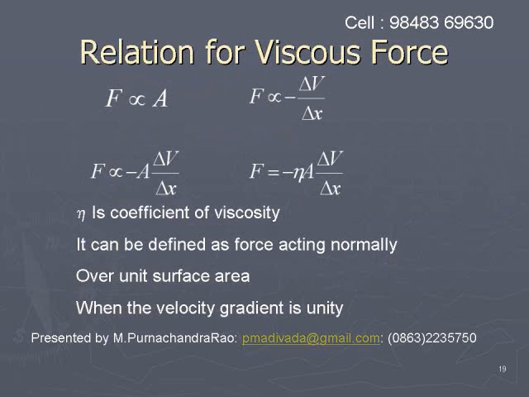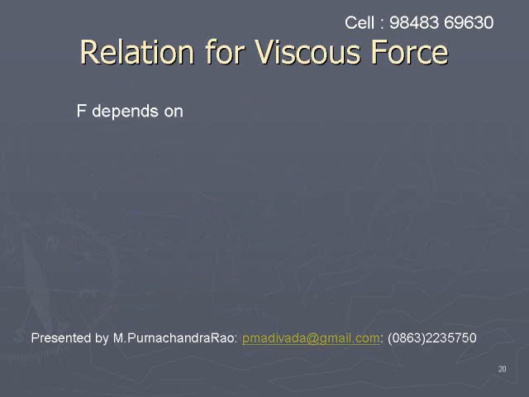A relation for viscous force. The viscous force depends on the area of the layer and the velocity gradient. Viscous force is the force applied against the flow of the fluid.